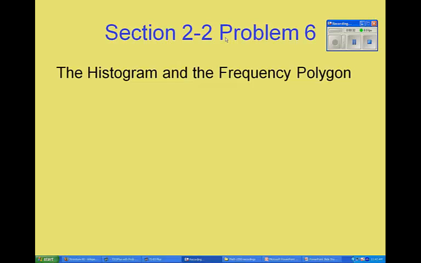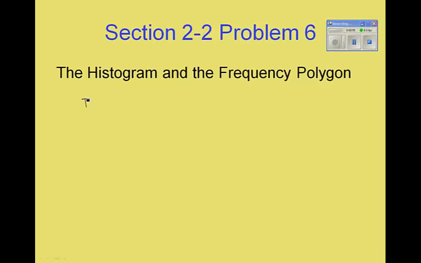So let's talk about problem 6. That was one of your homework problems. You didn't have the answer for that one. And the nice thing is that while I'm going over it, I can also teach you something. That's the point here. Let's do problem 6. They give you a chart. They say, here's tar in milligrams, and these are for filtered cigarettes, and they give me the frequency.